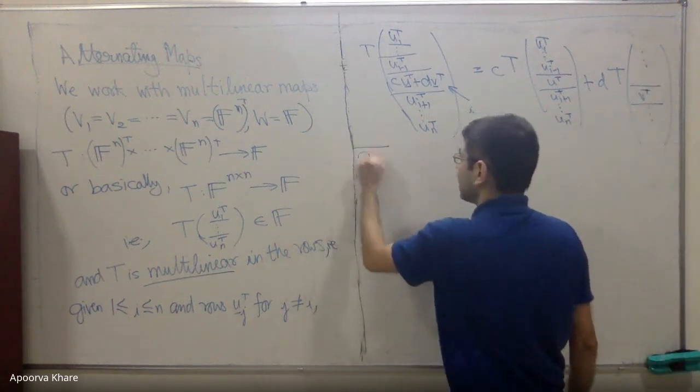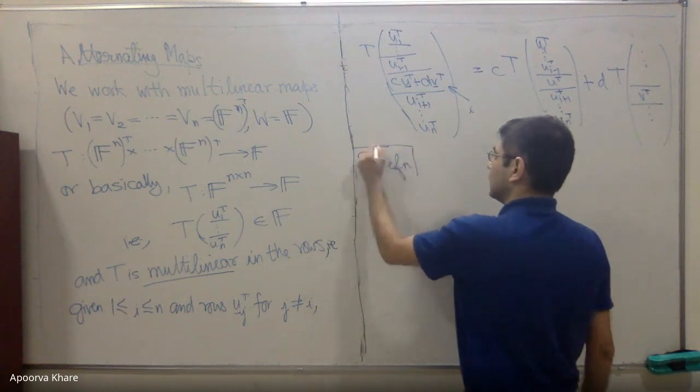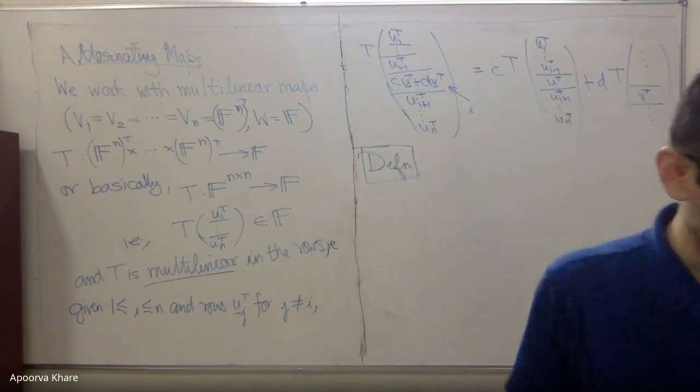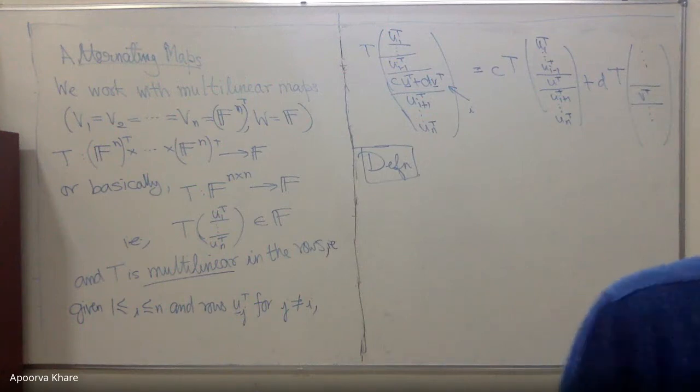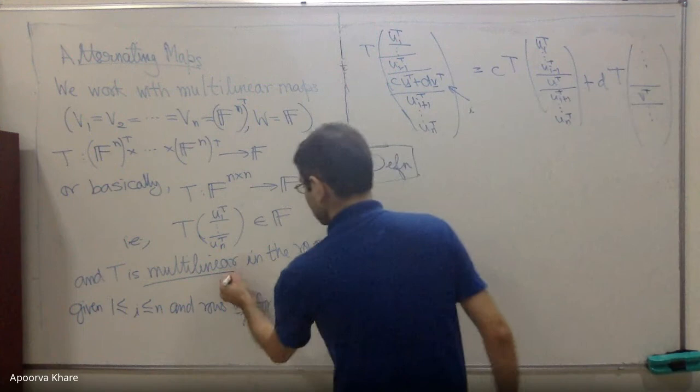And now for the definition of alternating. This is literally from last class, so I'm not calling it a fresh definition. So multilinear in the rows, that's what it means.